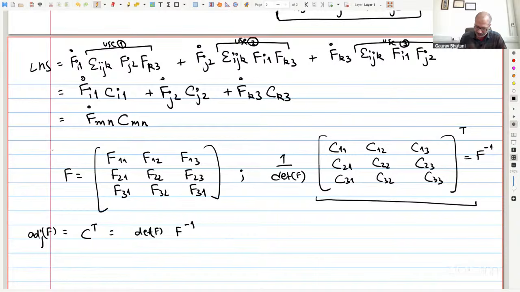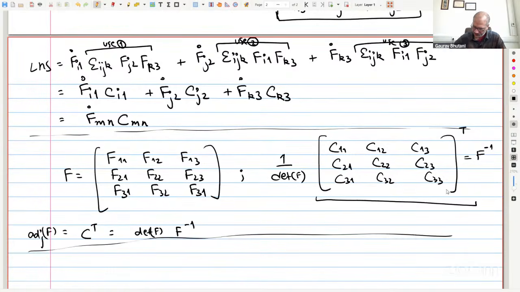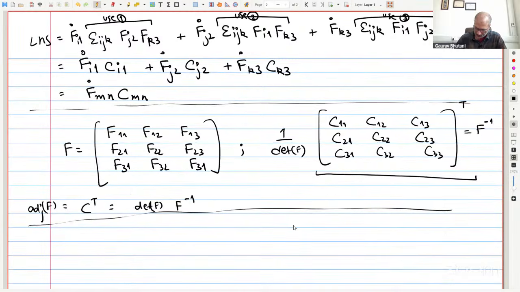So I could write Cmn as determinant of F, which is the Jacobian, times F inverse. So this is your C transpose actually, is determinant of F times F inverse.